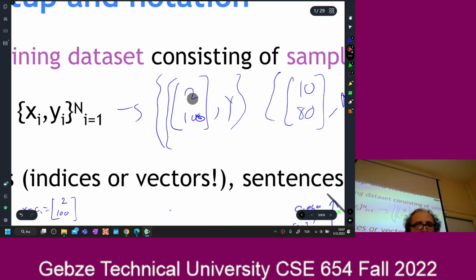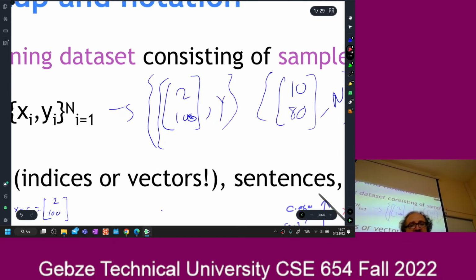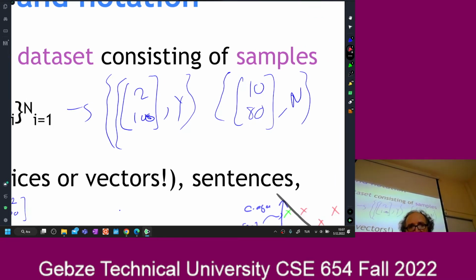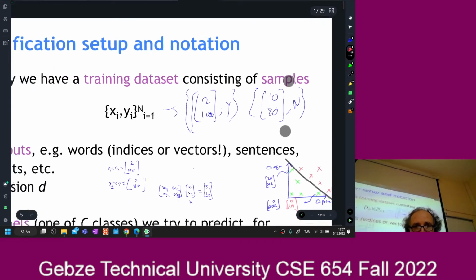For this one, 2 years old and 100,000 Turkish liras, I would buy it. 10 years old and 80,000 Turkish liras, I don't buy it.